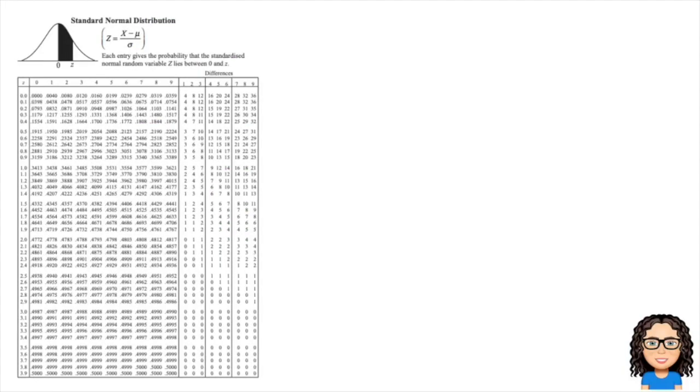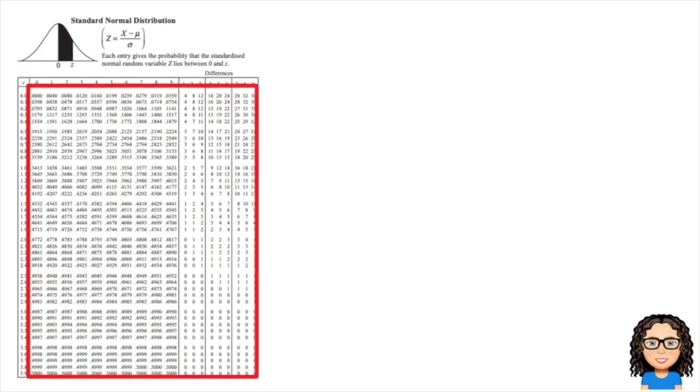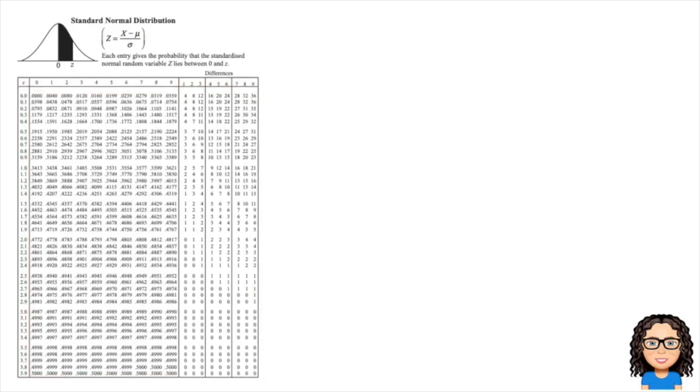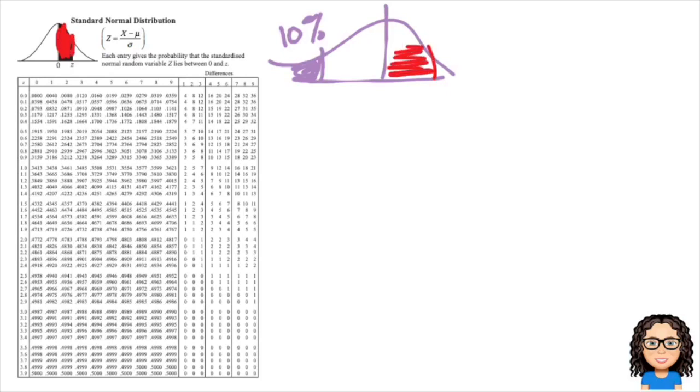If we instead use the tables to find the Z value, let's just have a look at how that would go. So we've got these values inside here, which are our probabilities. From our diagram, we want this area down the bottom here to be 10%. Now, match our diagram there with some point here.